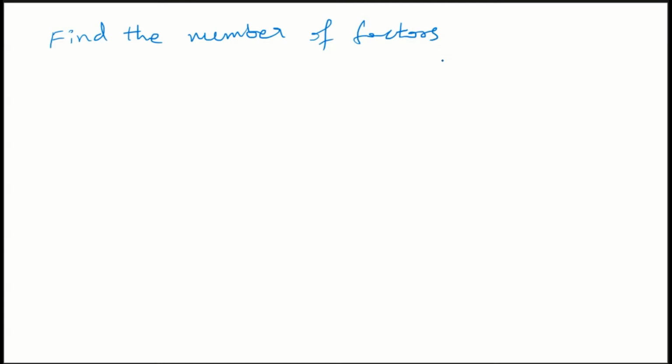So find the number of factors was a question given to you in the assignment. Children, most of you could answer for the 7xy factors as 2, or some of them replied factors as 4, and some of them replied factors as 1.